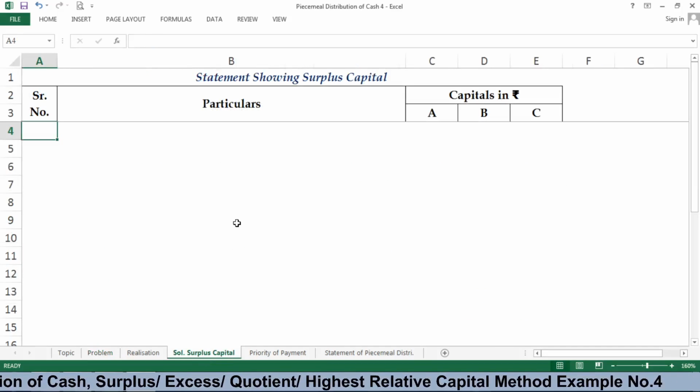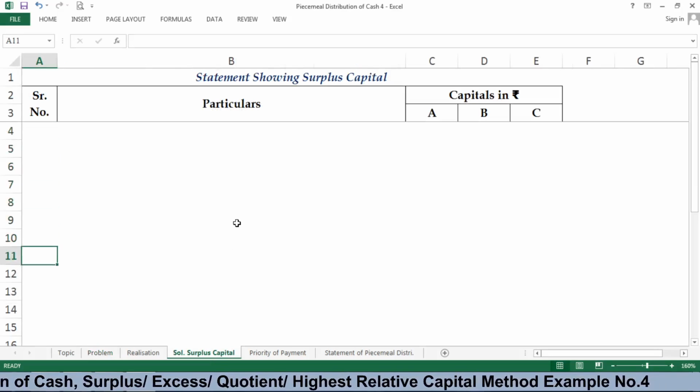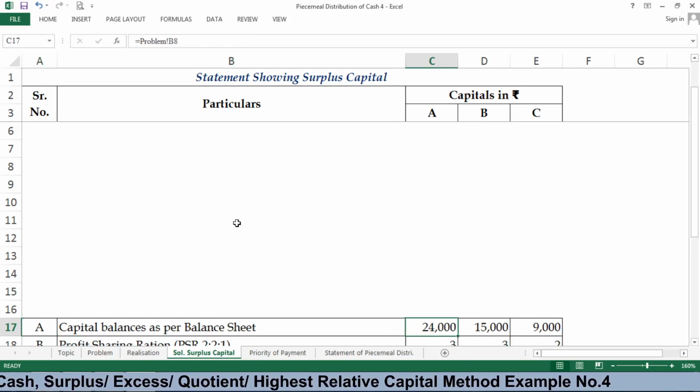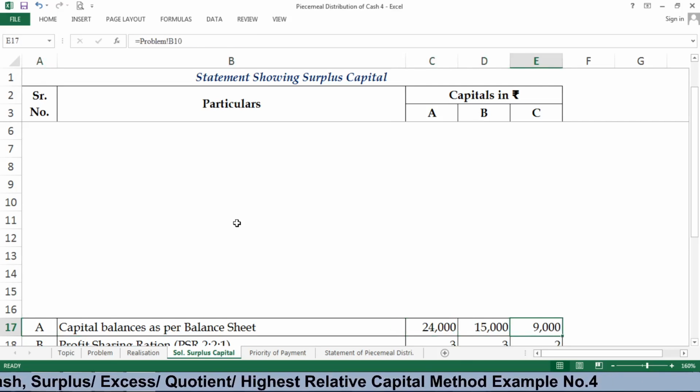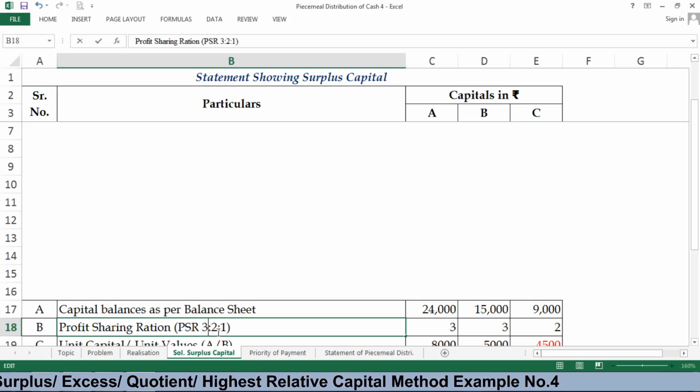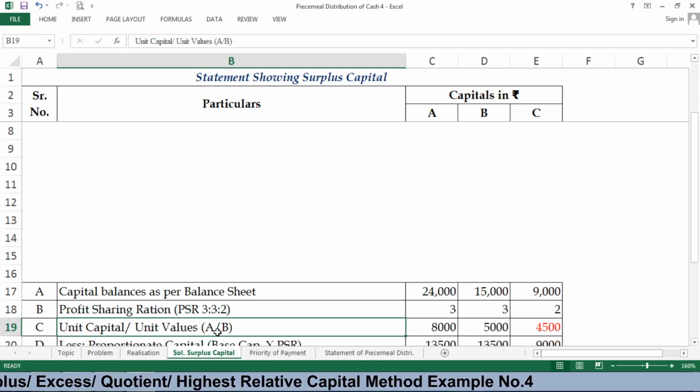So in the surplus capital statement, we will put down the capital balances as per balance sheet, that is 24,000, 15,000, and 9,000. In the next row, we will put the profit sharing ratio, that is 3 is to 3 is to 2.